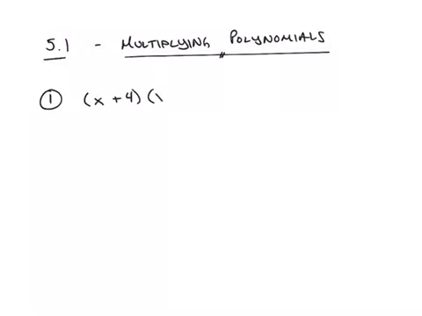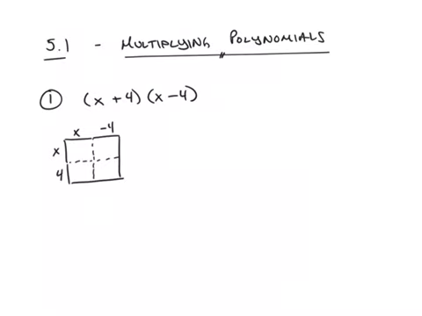Okay, this is the example x plus 4, the group, times x minus 4, the group. Now if you recall, it's possible to represent this with a picture. So we would have x and then a plus 4, and then x and then a minus 4, so we create the square.